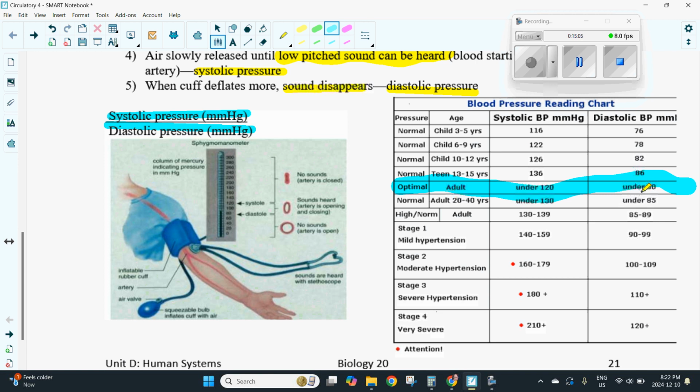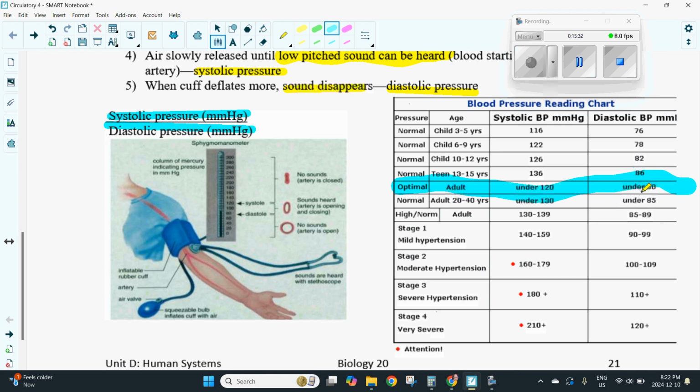If you remember back to yesterday's lesson, systolic pressure is when your heart is contracting and the blood is ejecting from the heart. That means the blood is now in an artery, so there's more blood in the artery, which means a higher pressure because there is more blood putting pressure on your artery walls.